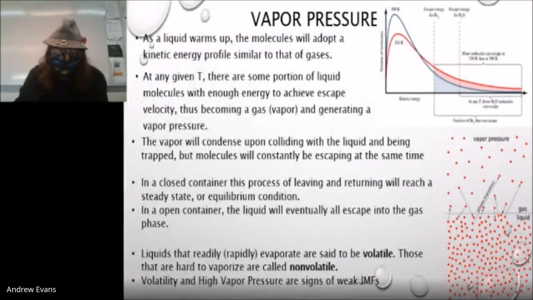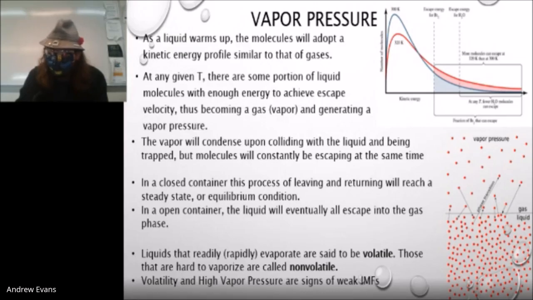Okay, so moving on. Where we last left off, we were talking about vapor pressure and how this was a function of temperature and also a function of the gas.